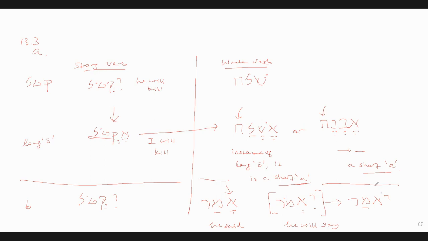So again, all these are just different exceptions when you have to deal with weak words. Okay, C, when you have the initial letter and it starts off with either hey, het, or ayin.